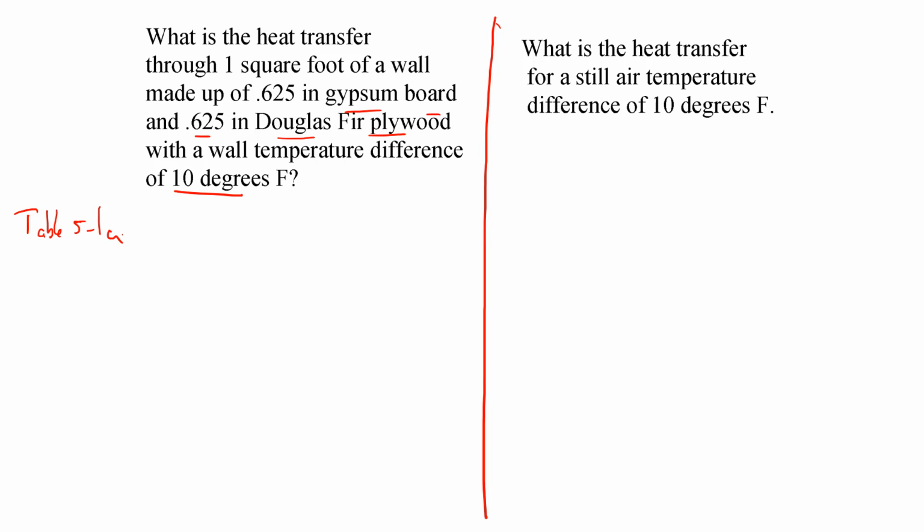Now you can see that gypsum on the top of page 122 has two thicknesses. You have one that's at 3/8 inch and another one at 1/2 inch.